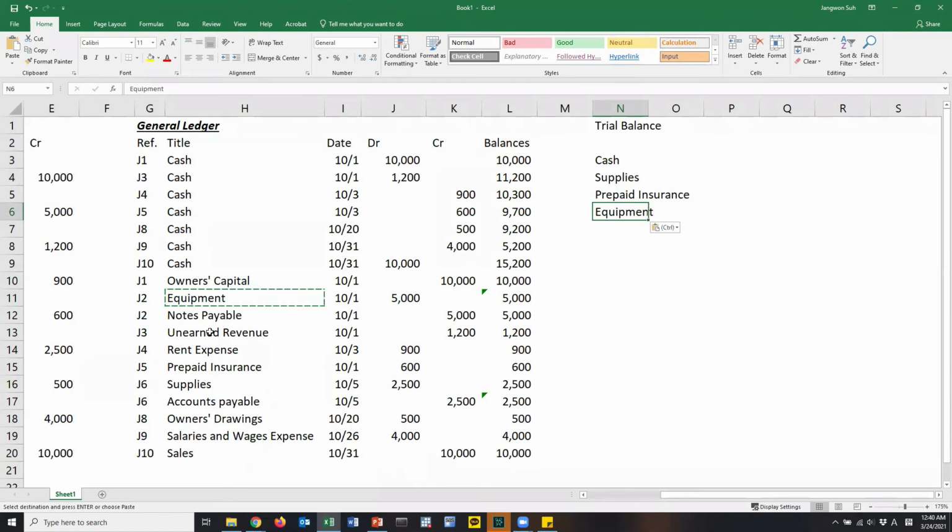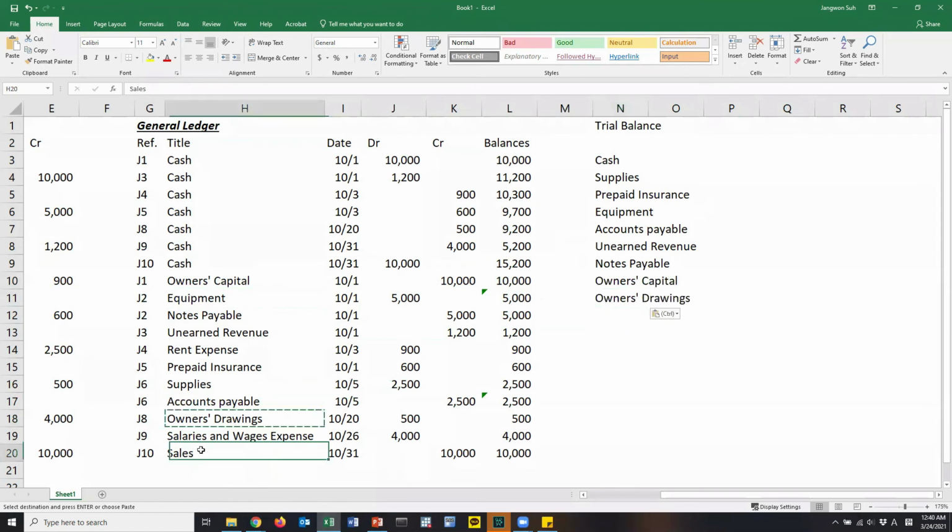Let's move on to liability items such as accounts payable and unearned revenue and notes payable. Okay. Then let's move on to owner's capital and owner's drawing, sales, and expense items.